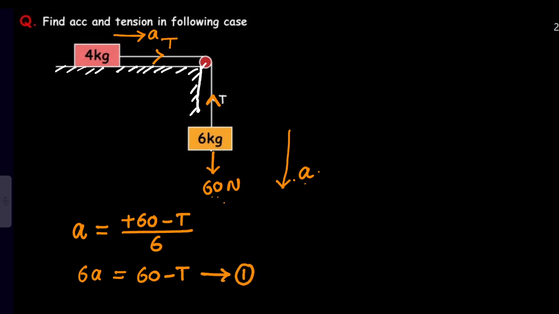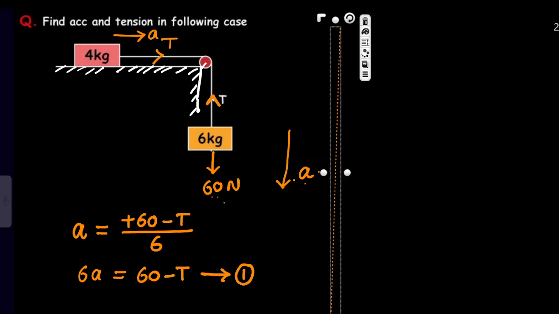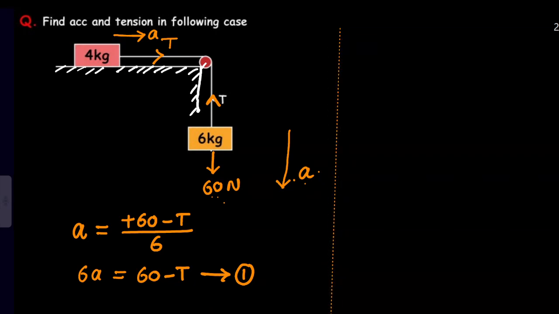Next, in the same manner, we'll write the other equation. Now on this 4 kg block, what are the forces acting on the block? Tension. And what is the other force? The weight, which is in the downward direction, this 40 newtons. Now this acceleration is in which direction?